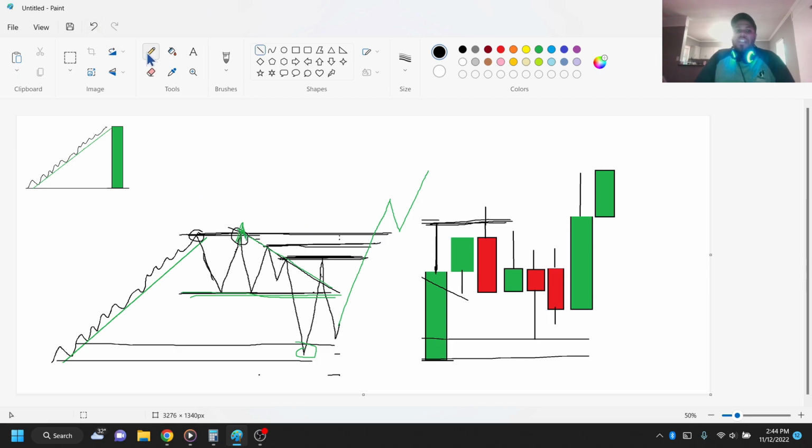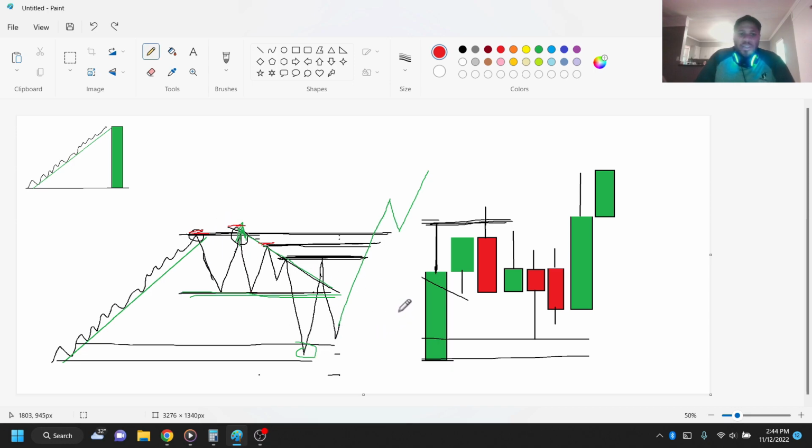You have a head and shoulder pattern because you have your left shoulder, you have your head, and you have your right shoulder. Let's do it in red. Shoulder, head, shoulder. And then once you got the break below the neckline played out, you've got 2 patterns playing out at the same time.